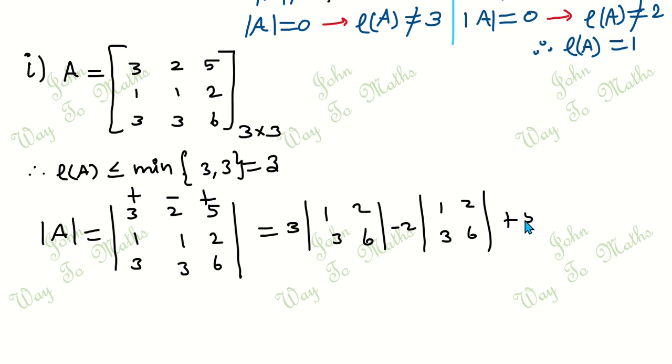then the last one, plus 5 times, with its row and column eliminated, the remaining entries 1 1, 3 3.